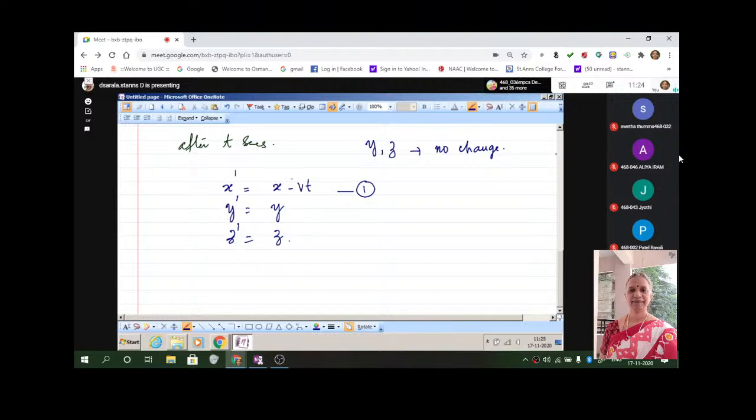These equations are known as Galilean transformations. They are called Galilean transformations.